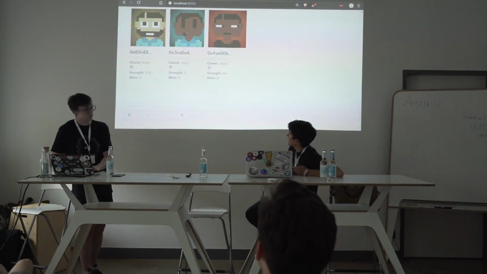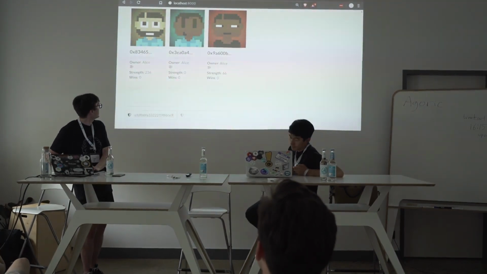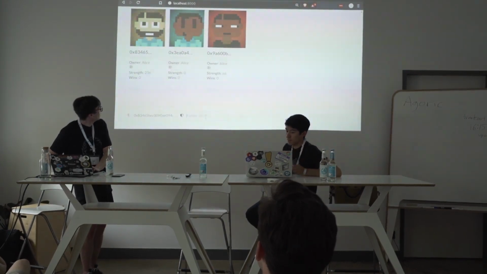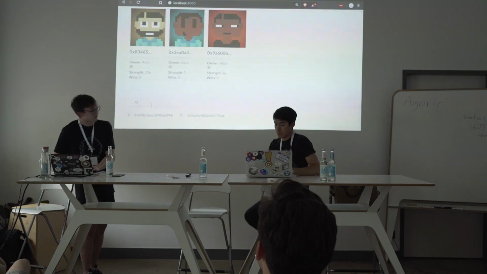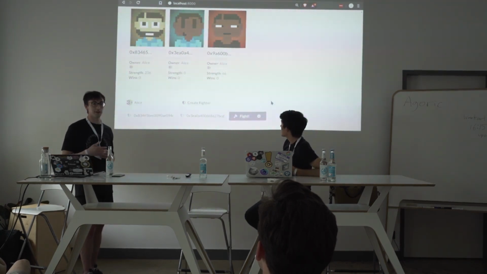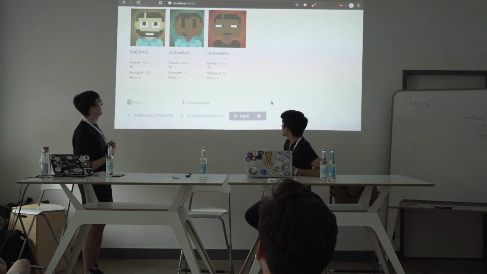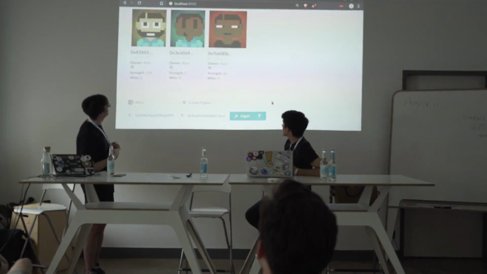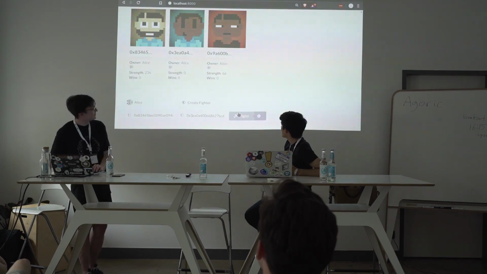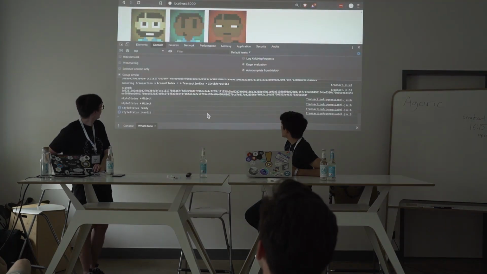So I just take 2 of the IDs from the fighters. Sending this from Alice, click fight, and now it's using the new fight function that I just implemented. And once that gets mined... Invalid status.